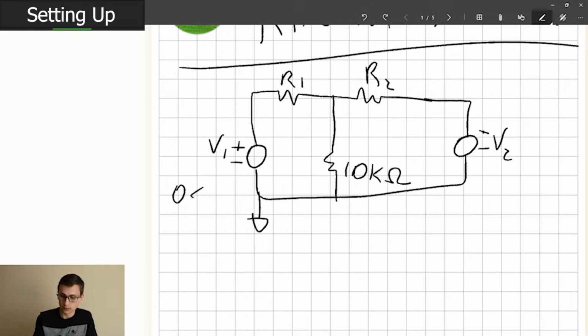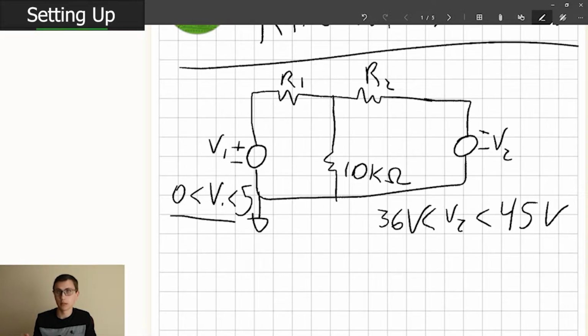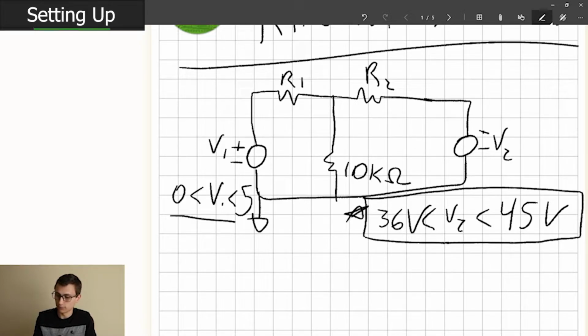I'm running out of space here, so we're just going to abbreviate. We want to design this such that as our control input changes from 0 to 5 volts, the output voltage, V2, should be adjusted between 36 volts and 45 volts. Simple enough. This is our goal.